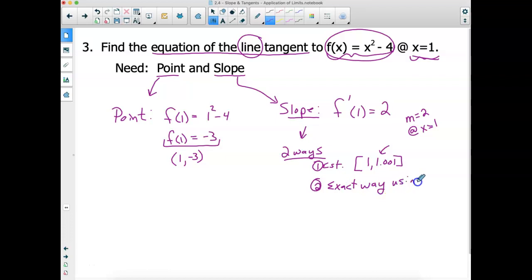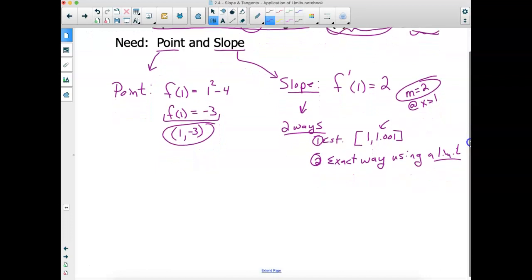using a limit. Okay? And that's what we're going to be looking at. So if we're writing the equation of a tangent line, okay, I got a slope and I got a point. Now, back in the day, write it in this form. Well, there's this cool little form called y minus y1 equals m times x minus x1, where my point is x1, y1, and m is slope. I already know I'm going to have people that are going to say, I'm not doing that.